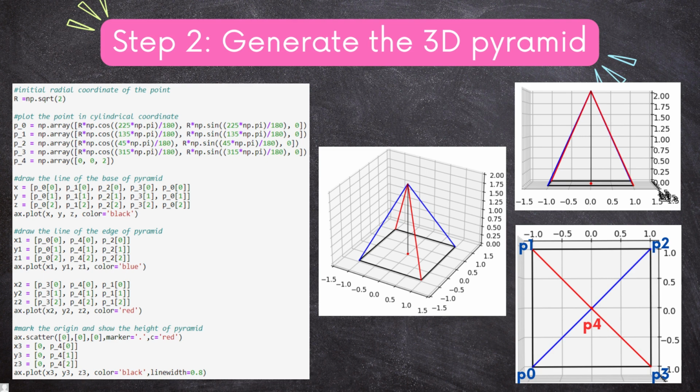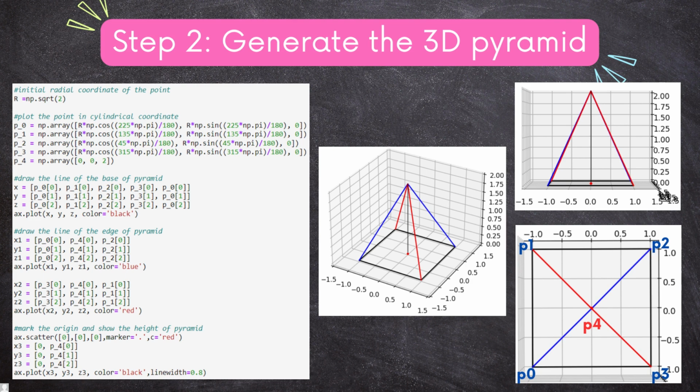The cylindrical coordinates of them are calculated using the r value and their specific angle, as shown by the formula of np.array r times np.cos of the angle, and r times np.sin of the angle. And the z coordinate of those points is set as 0. The P4 point is the peak of the pyramid and is set at 0, 0, 2.